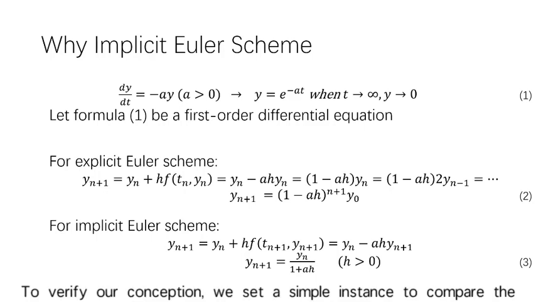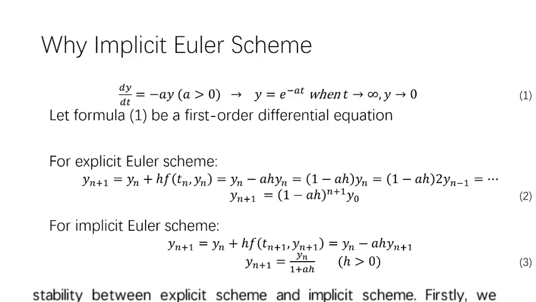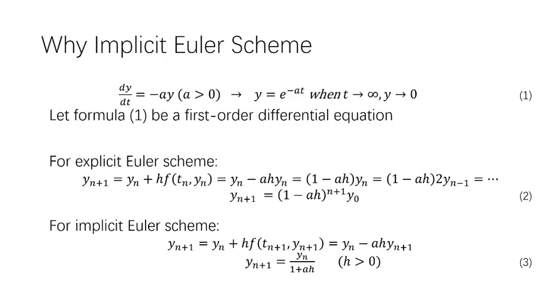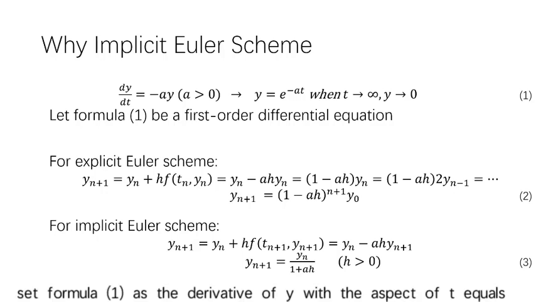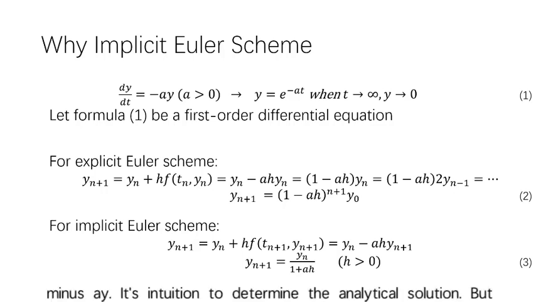To verify our conception, we set a simple instance to compare the stability between explicit scheme and implicit scheme. Firstly, we set formula 1 as the derivative of y with respect to t equals minus a y. It is intuitive to determine the analytical solution.